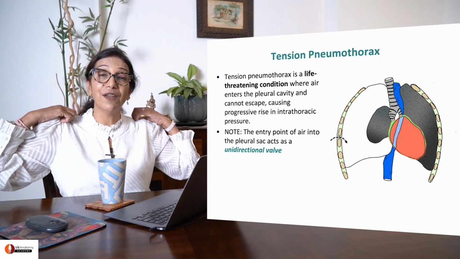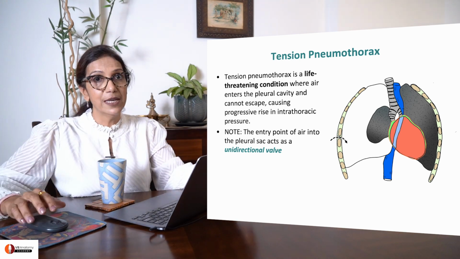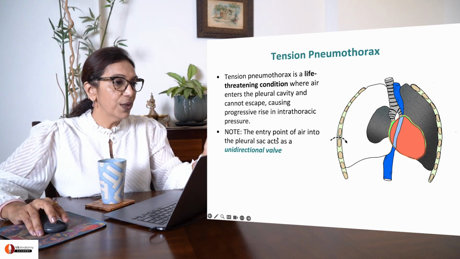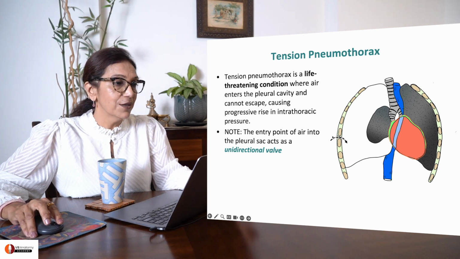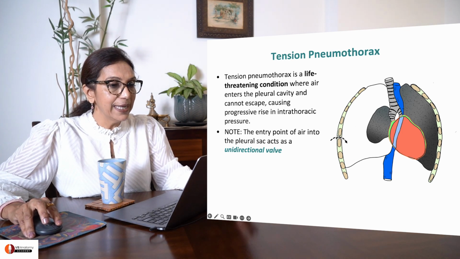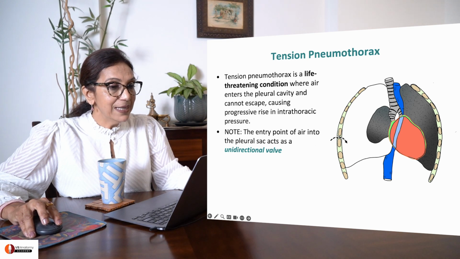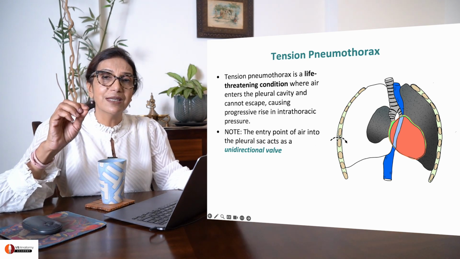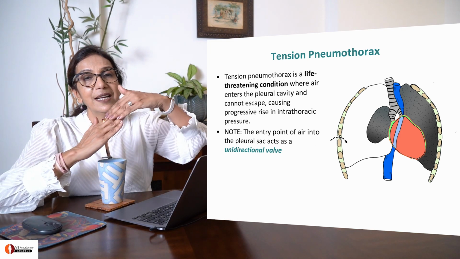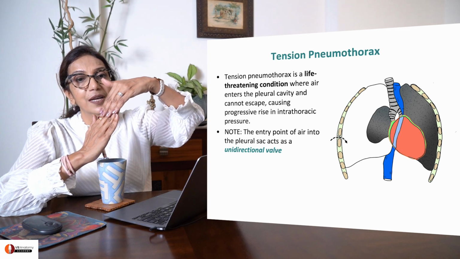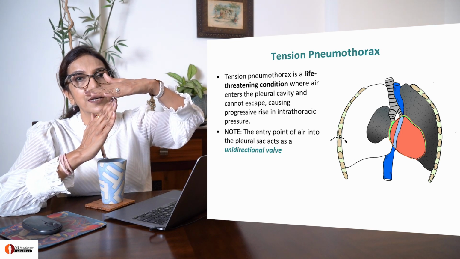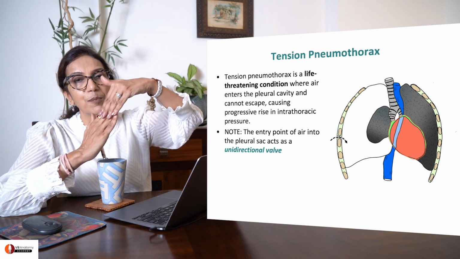Now this is something very interesting and very dangerous. It's a life-threatening condition. Here you are looking at a little gap in the thoracic wall. But this gap is peculiar because this opening is acting as a unidirectional valve. It is allowing air to enter in, but when the air tries to escape, it closes off.